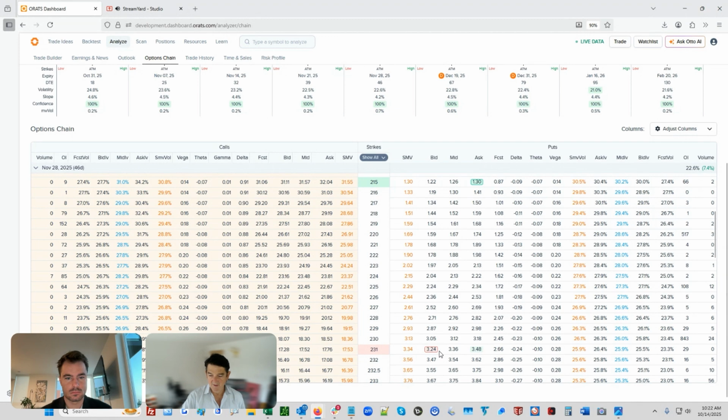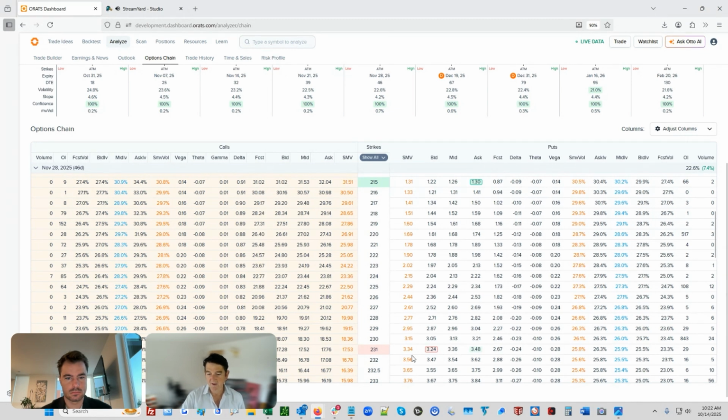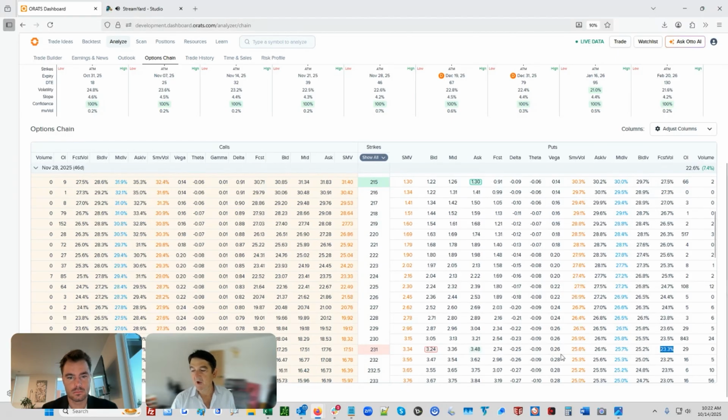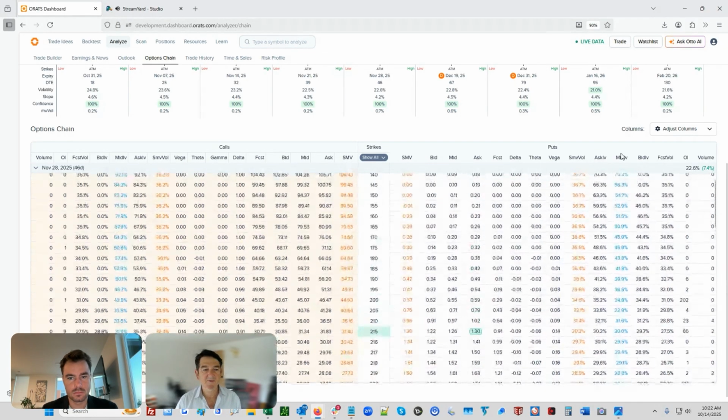Let's see, this midpoint is a little bit above, so that's good. So that's how the SMV percentage happens, and then the forecast. Again, our forecast isn't as much as in SPY, but our forecast is lower than what's in the market, and so that's why there's forecast edge. Does that make sense so far, Tyler?